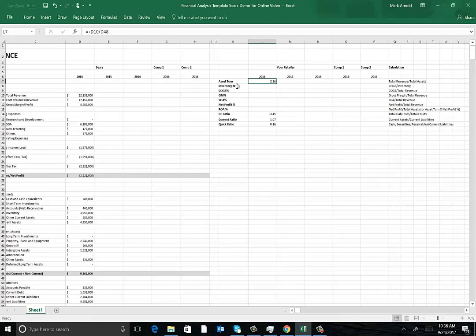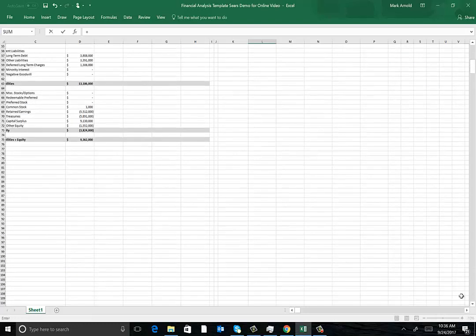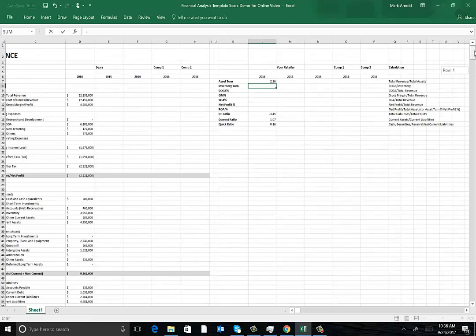We want to go ahead and do inventory turnover now, which I'm going to use the cost side of the equation, which is going to be cost of goods sold or cost of revenue divided by inventory. So I'm going to start with entering my cost of goods right there, and then divided by inventory, which is down here.